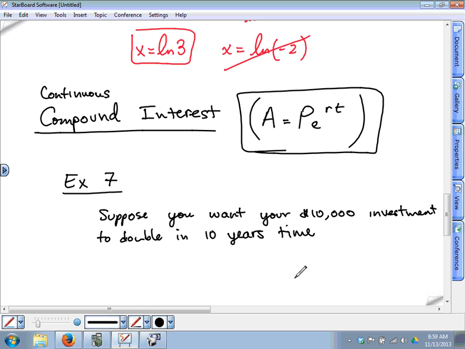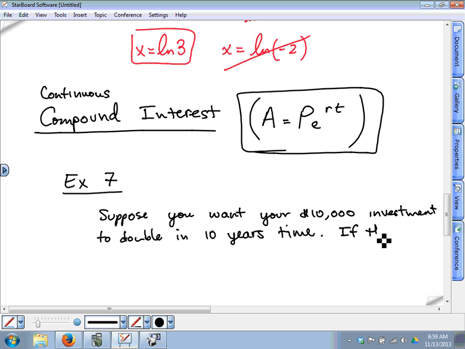So you're investing $10,000, and this is assuming that you just invest that lump sum. You don't make any future deposits. You just leave it alone in some kind of an account, a mutual fund or something. Suppose you want your $10,000 investment to double in 10 years' time.